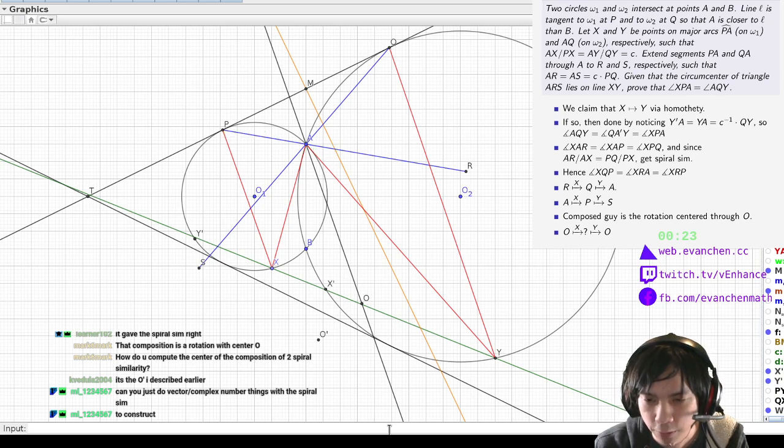Okay, so there's a magic point O. We'll draw it there. And it lies on things.